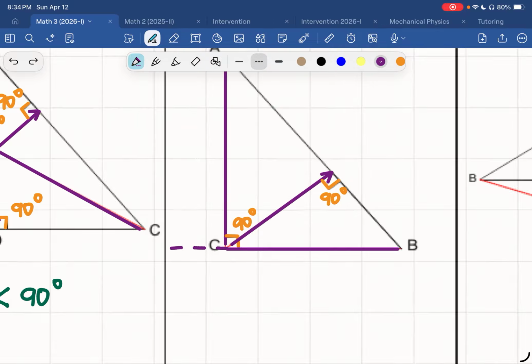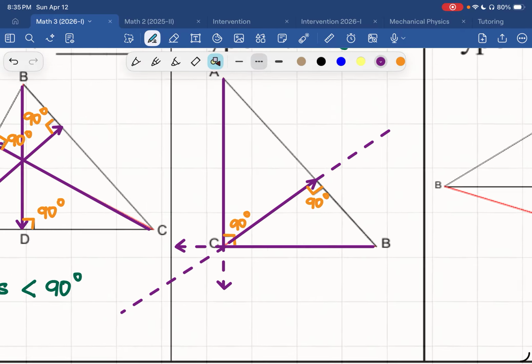Extend it like this. I'm gonna extend this one like this, right? And as I told you, you can extend it if you want. It doesn't matter. What I mean when I say extending is like you can do this, and you can do this. You can extend a line if you need it in order to understand better.